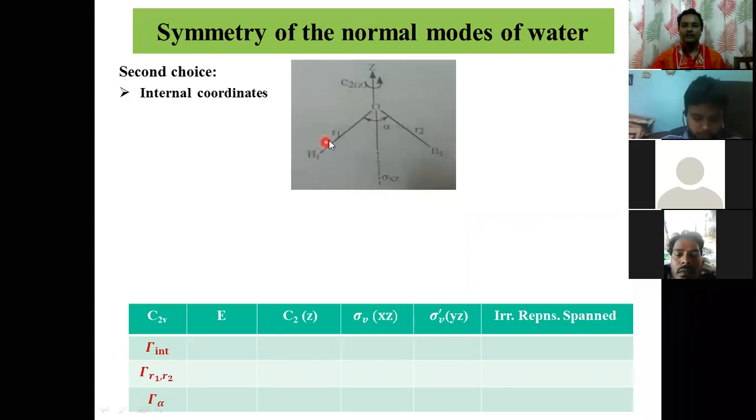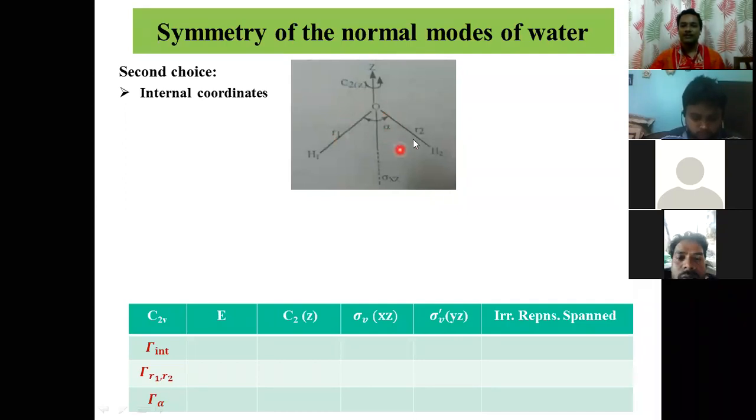Hydrogen 1 is connected with the oxygen with R1 bond coordinate, and this hydrogen is connected with oxygen with R2, and then the angle between these is going to be alpha, right? So my choice of bases is now going to be R1, R2, and alpha. These are the bases I'm going to use.